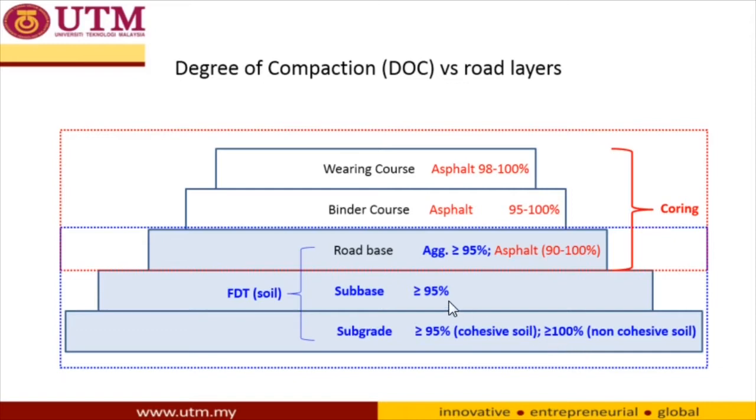For subbase, the target compaction level is more than 95%. And for the road base layer, the target level is also more than 95%. For the bound layers made of asphalt, the compaction level will not be discussed further in this video, but detailed evaluation of the asphalt layers will be found in the next video.